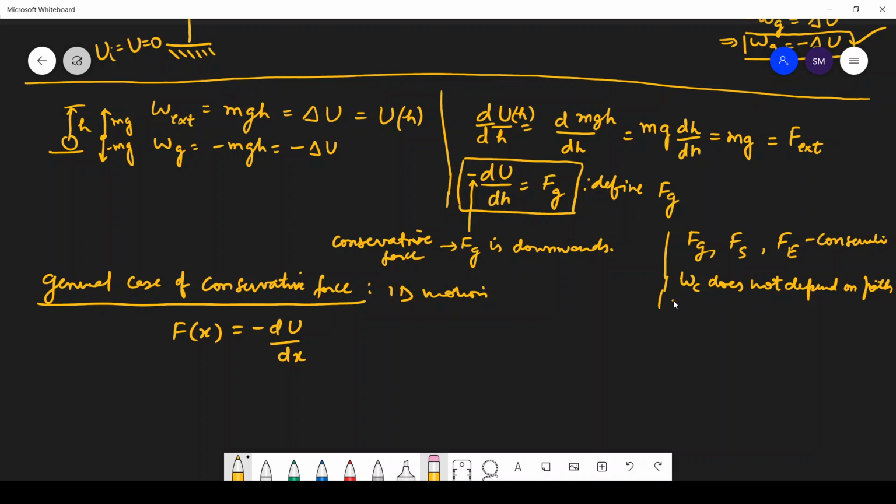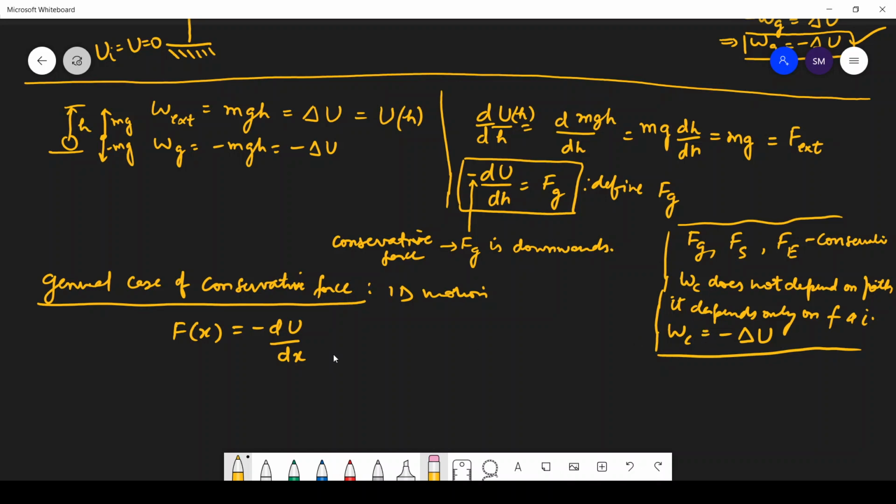It depends only on the final and initial position. And the work done by this conservative force is equal to minus delta U. So these are the three things that you need to understand about the conservative force. It can be Fg, spring force, or electric force.